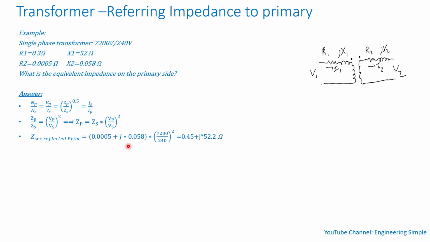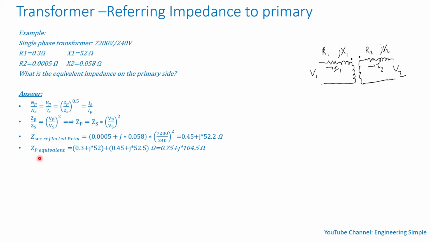So I just take the secondary impedance, which is here, times the ratio of the voltages, which is equal to 0.45 plus j times 52.2 ohms. So that's in a rectangular form.